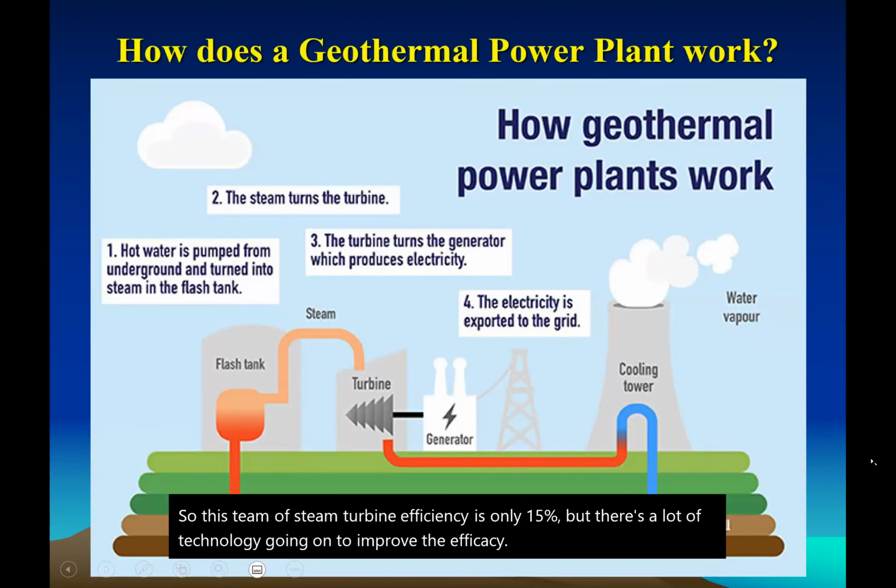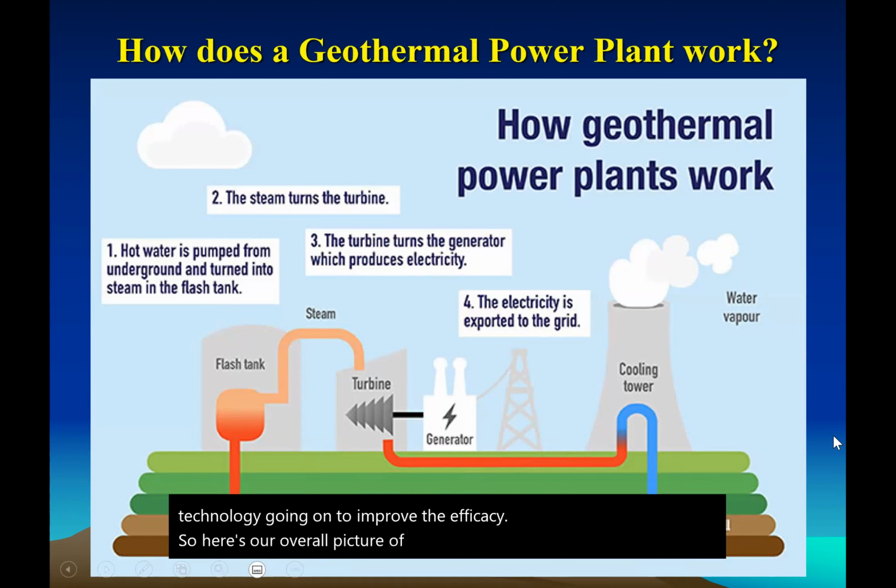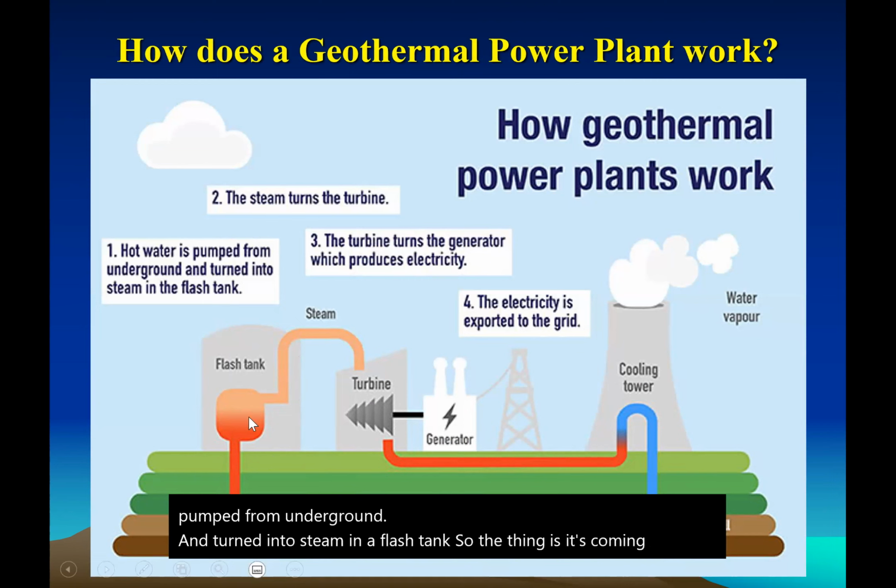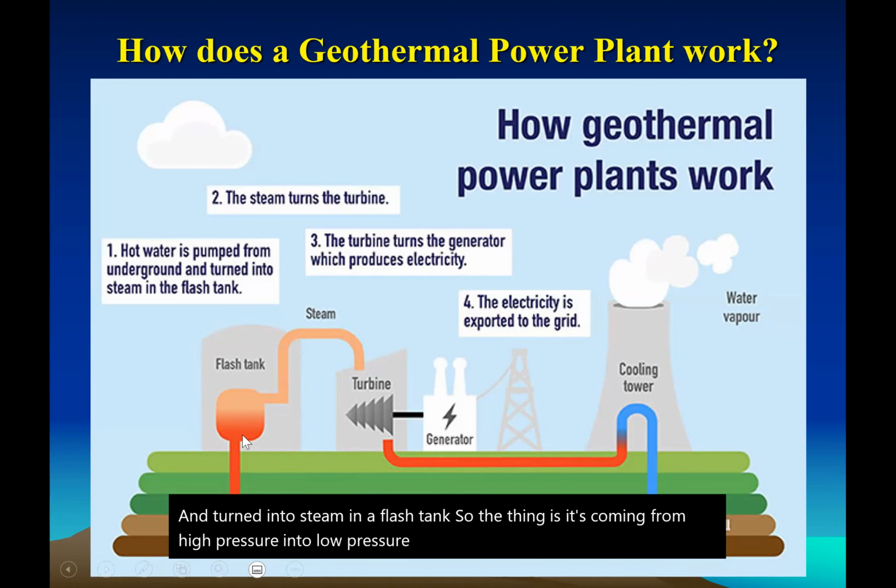Here's an overall picture of what I just said. Hot water is pumped from underground and turned into steam in a flash tank. It's coming from high pressure into low pressure here, and then it turns into steam.